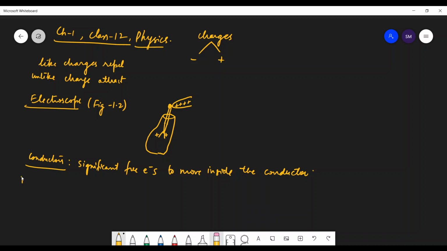Whereas in an insulator, I have no free electrons. So that is why insulators are non-conductors or bad conductors of electricity. We also call them non-conductors.